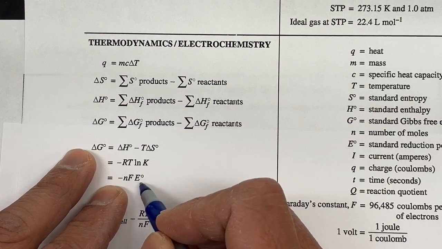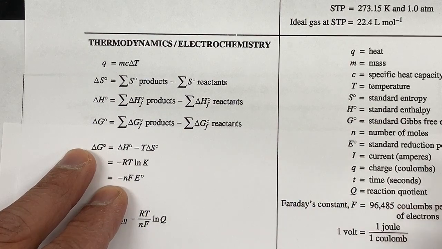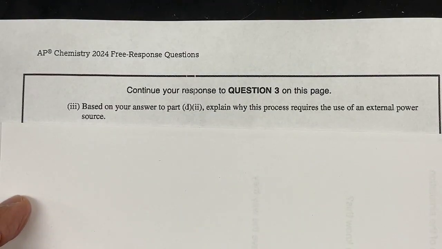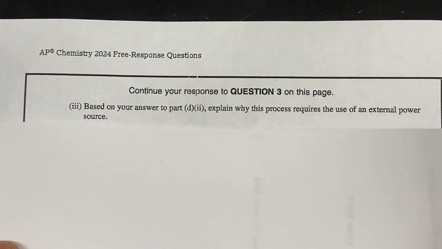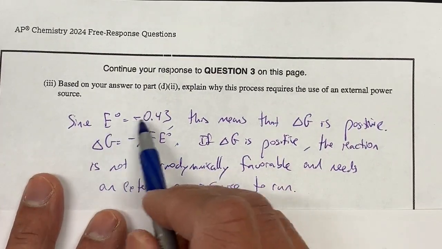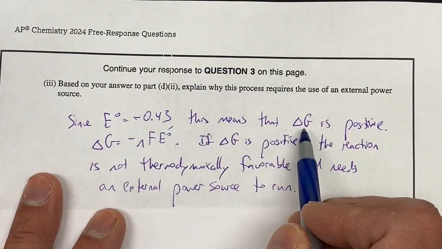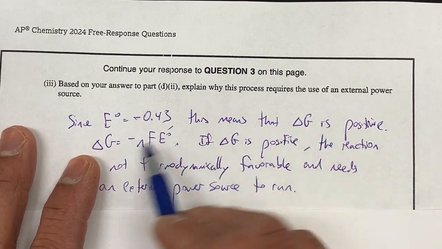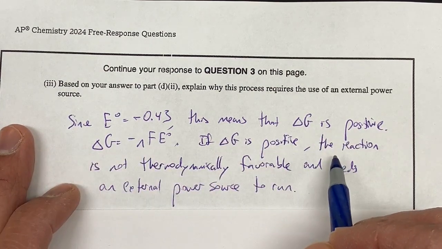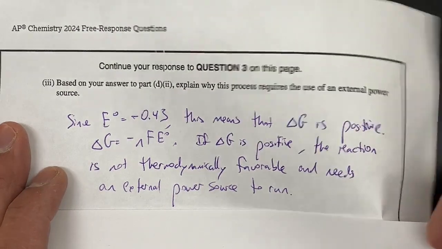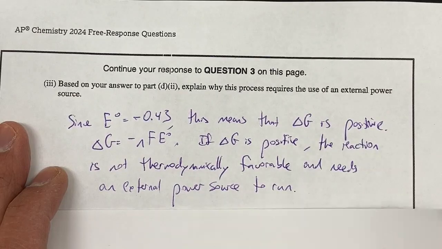And so that tells me that E is negative, which is what we got. We got a negative value for E naught. So I just wrote, since E cell is negative 0.43, delta G is positive, right? So with this equation, negative NFE, delta G would be positive. If that's positive, it's not thermodynamically favorable, and we need a power source to run it.